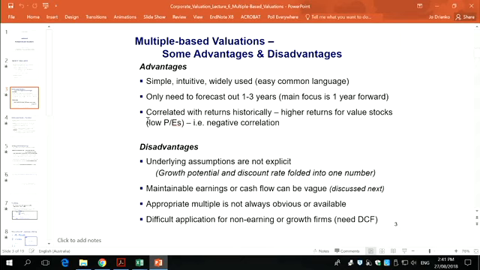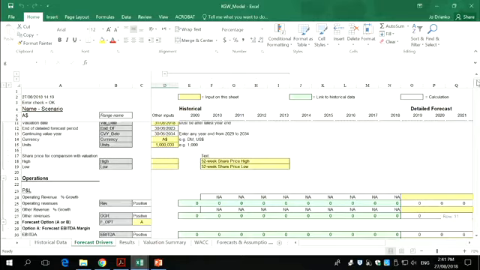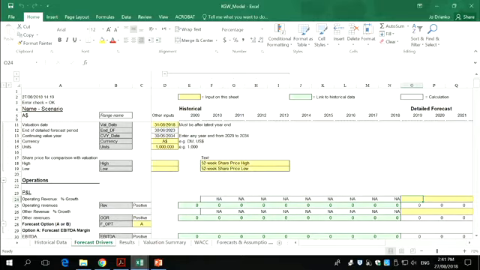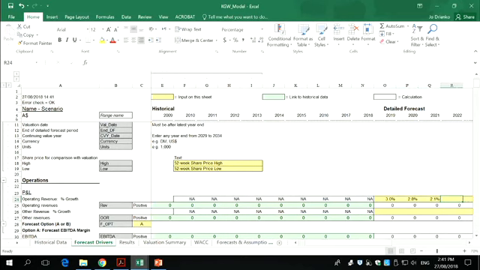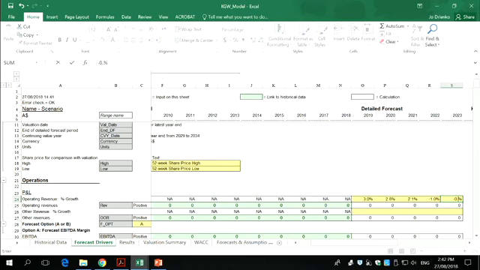The disadvantage of ratios is that they're not flexible. And that's the problem there. So with DCF, the nice thing about a discounted cash flow approach is you can specifically say what your growth is in year 2019, 3%, 2.8% in sales, 2.1%, minus 1.1%, minus 0.8%.